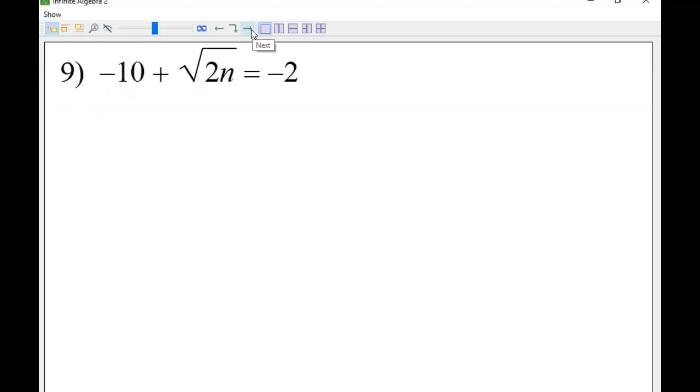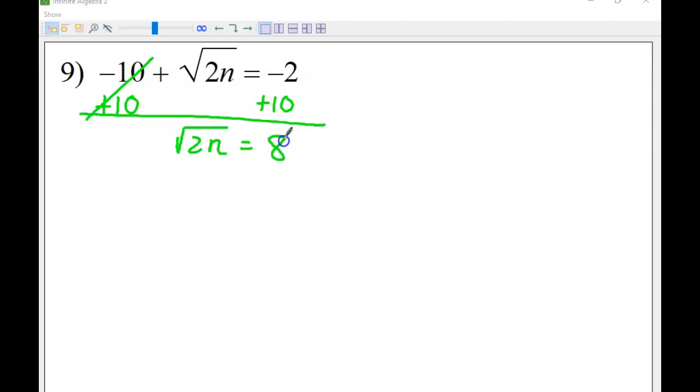All right. We're also going to look at solving radical equations. So the first thing you do is you get rid of numbers that are outside of the radical. Then you square both sides. The squares cancel out square roots.